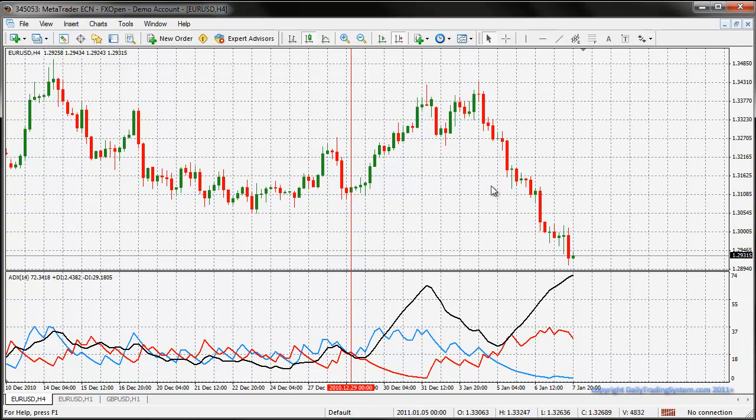We can see here where the red line crosses over the blue line to let us know that there's going to be a swing in the direction of the trade. So here is its upward swing, and then when it crosses here, boom, down it comes. So here is your buy signal right here, and here is your sell signal.